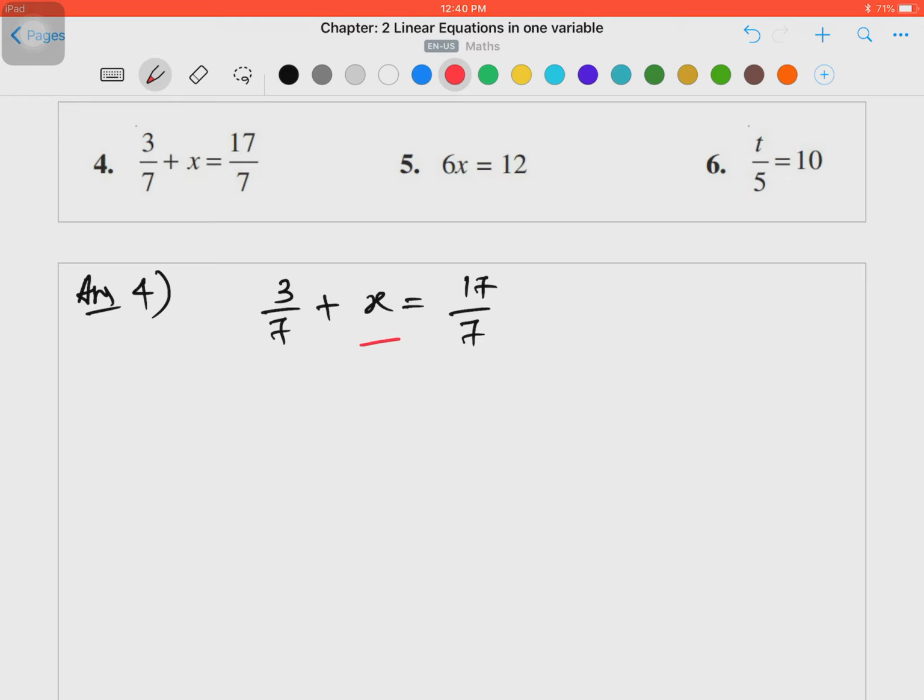In this one we have the variable term x, and this non-variable term 3 by 7 will be shifted to the other side. So this will be x equals 17 by 7, and this plus 3 by 7 will become minus 3 by 7.